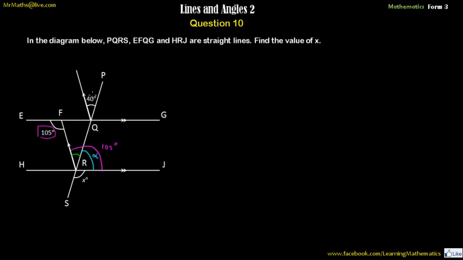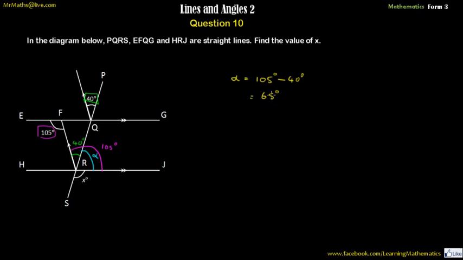The green angle and 40 degree here are also alternate angles, and as such the green angle is 40 degree, and as such angle alpha is equal to 105 minus 40 degree, which is equal to 65 degree.